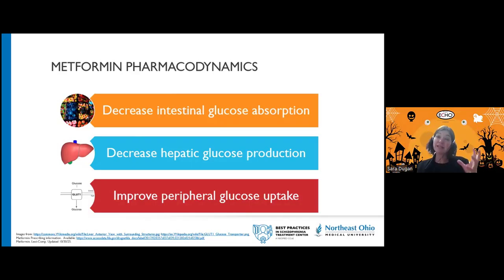And it also can increase some of the sensitivity so that the peripheral tissues are seeing the insulin and they're able to use the sugar that's there and available. Again, that can help with both sugar control and diabetes and with potentially some of the antipsychotic induced weight gain.